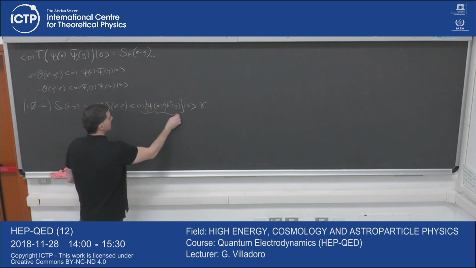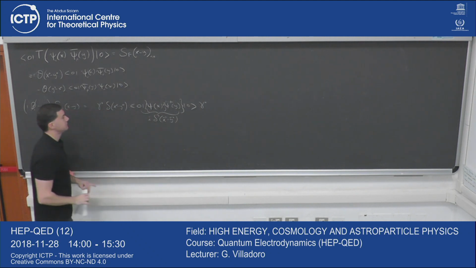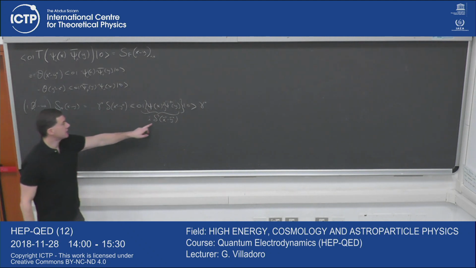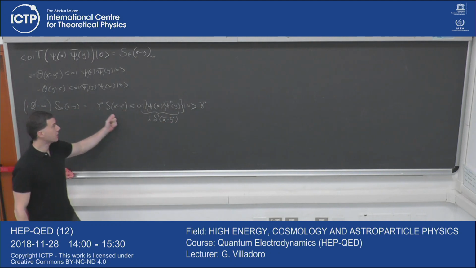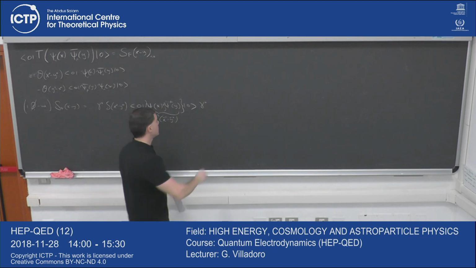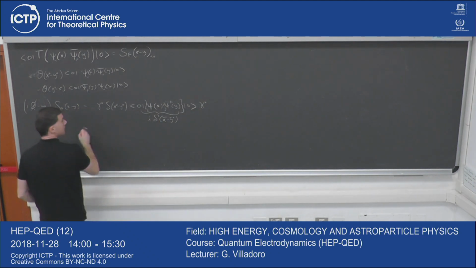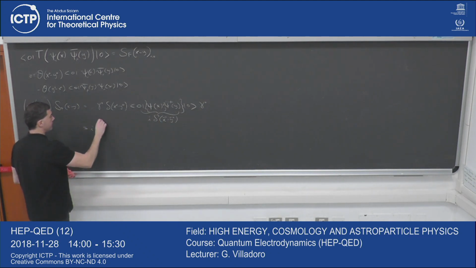And this is i delta 3 of x minus y. So you have a delta 3 of x minus y, a delta of x naught minus y naught, and then you have a gamma naught squared, which is 1. So you are left with i delta 4.